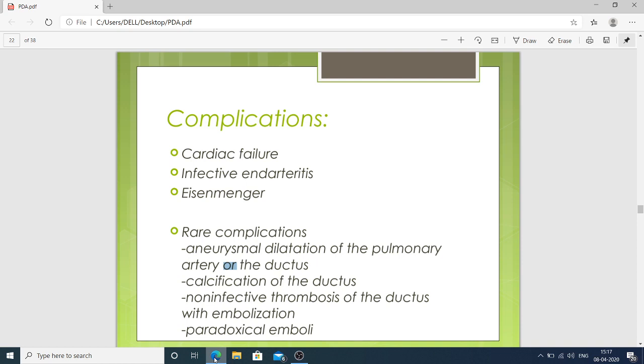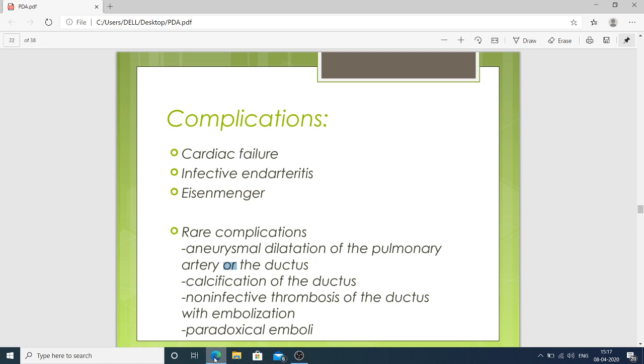Hope you are clear with this. And a rare complication is aneurysmal dilation, actually blood-filled dilation of blood vessels caused by disease or weakening of the vessel.